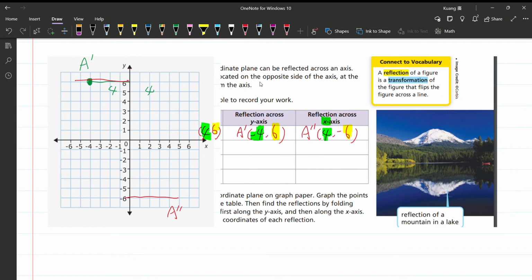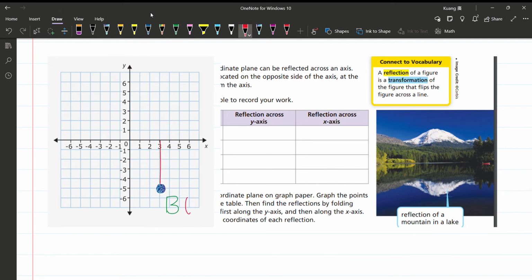Okay, so let's do a little practice. If I give you a point, randomly selected, ding. Okay, this point we call B. The coordinate is (3, -5).